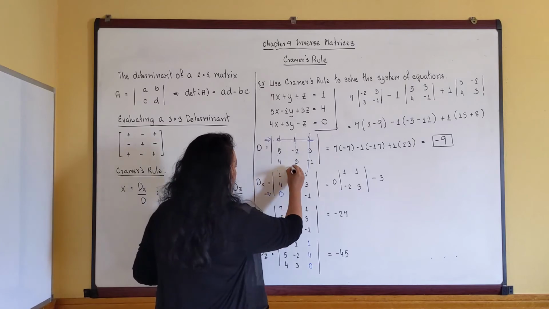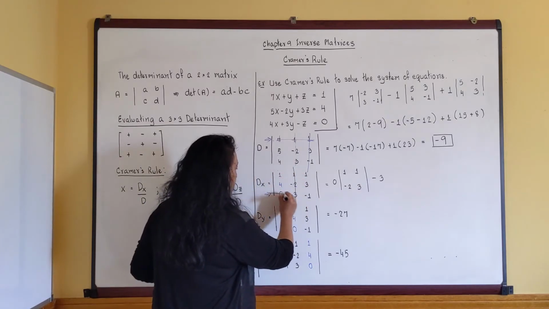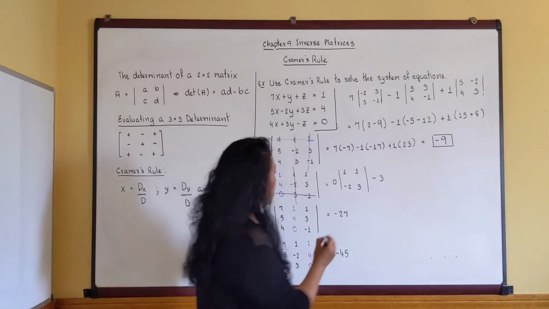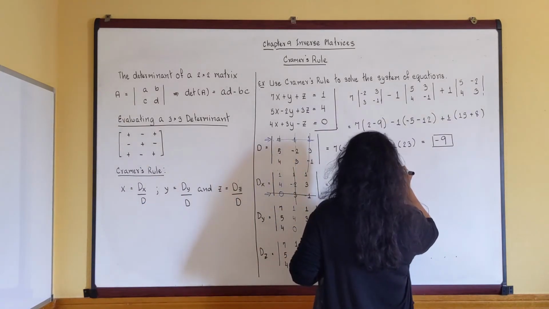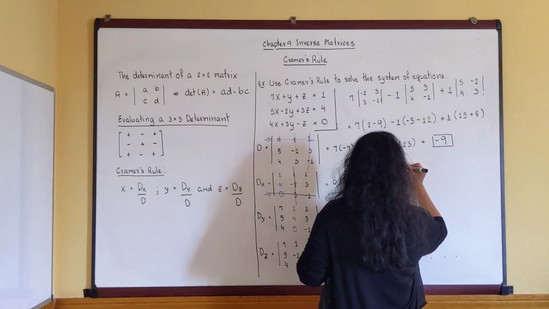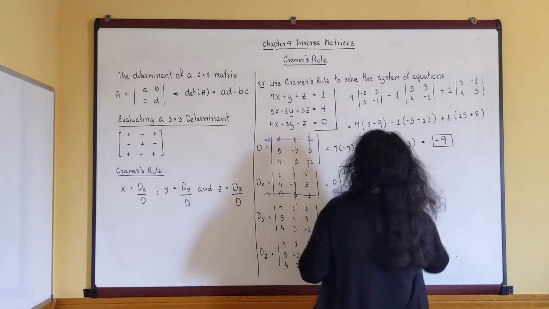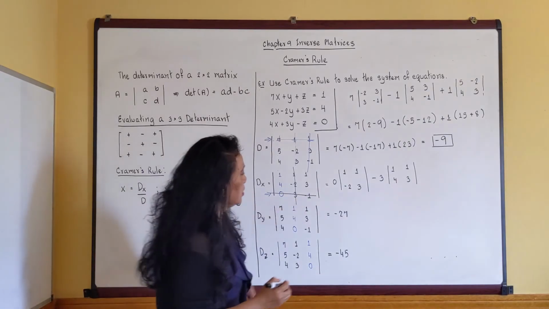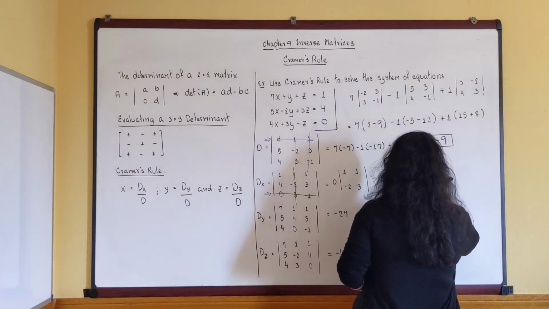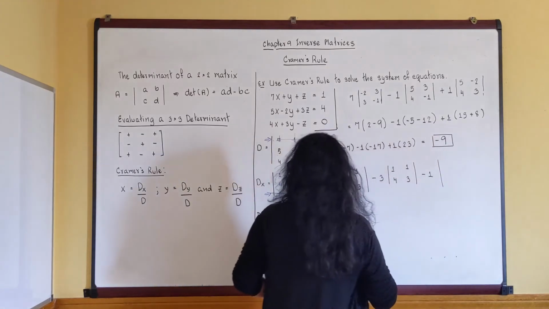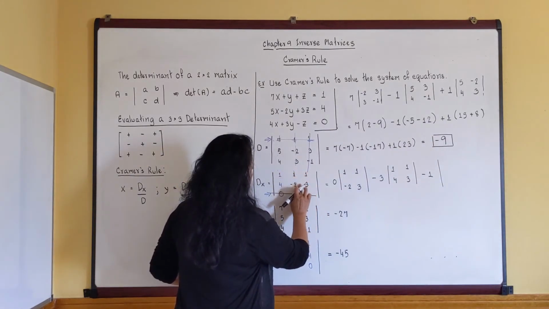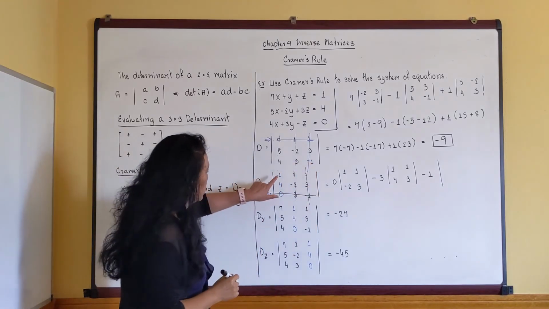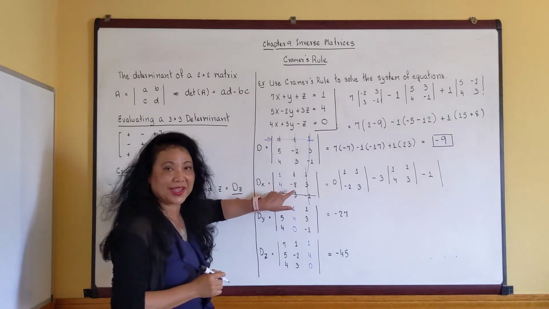So you're going to cross here and here, and you're going to have 1, 4, 1, 3. The next one you're going to have plus, and we have negative 1 here. So negative 1. Let's cross this, and you're left with 1, 1, 4, negative 2.